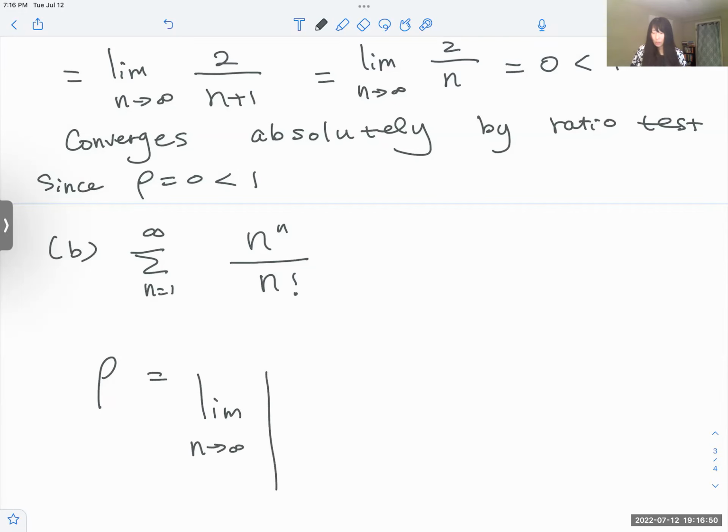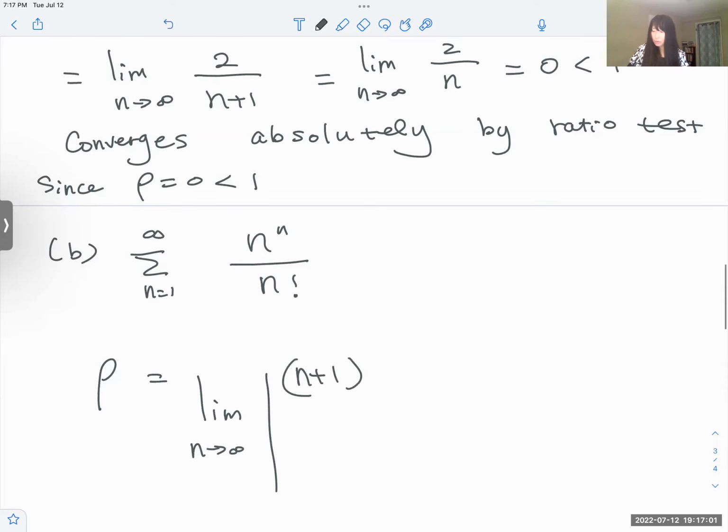We don't actually need the absolute value because it looks like everything is positive. So we plug in n plus 1 there.